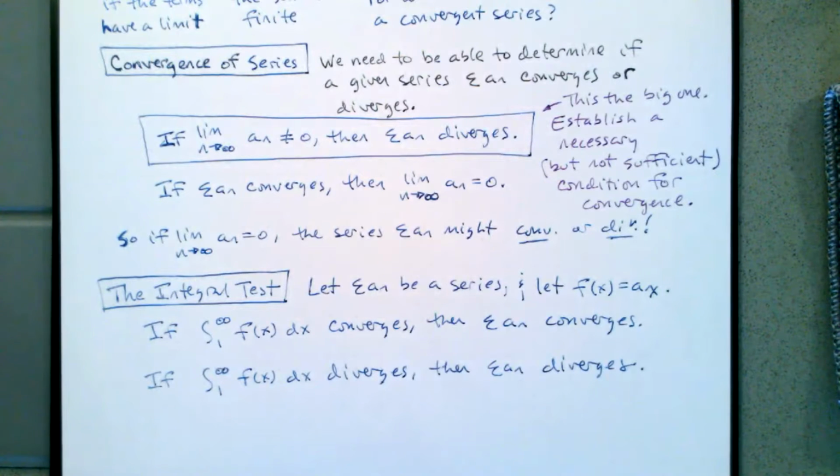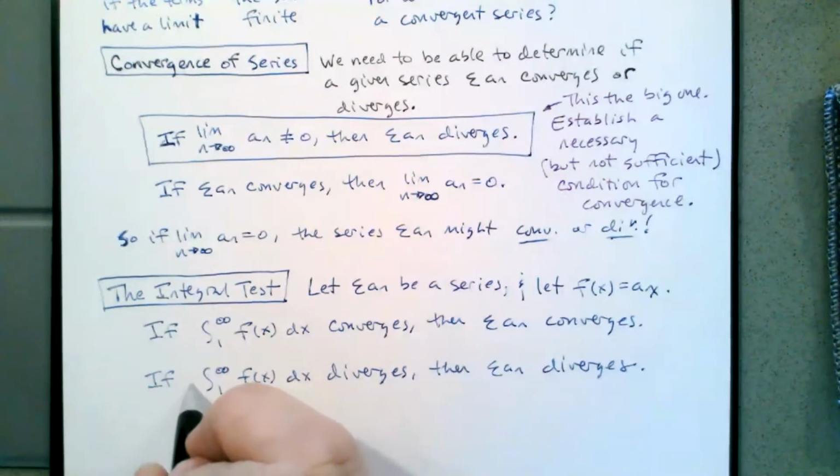The integral from 1 to infinity of f of x dx is an improper integral because this function says find the antiderivative, then plug in infinity, which should set off the bad language alarm. We don't get to plug in infinity. Infinity is not a number. But this thing here is called an improper integral.